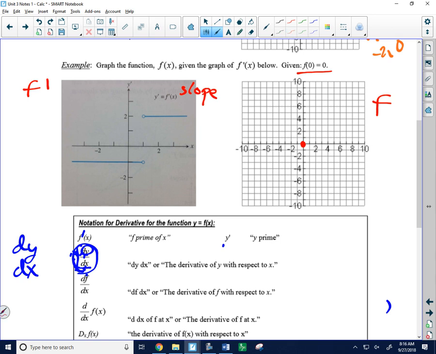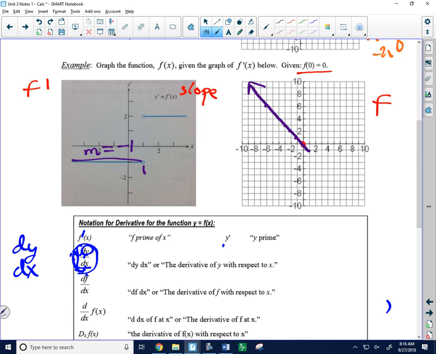We're on the left of 1. Let me start here. To the left of 1, this is x equals 1. This is saying the slope is -1. So over here, on the right graph, I need to do a slope of -1. Like that. Right? Down 1, right 1, or up 1, left 1.